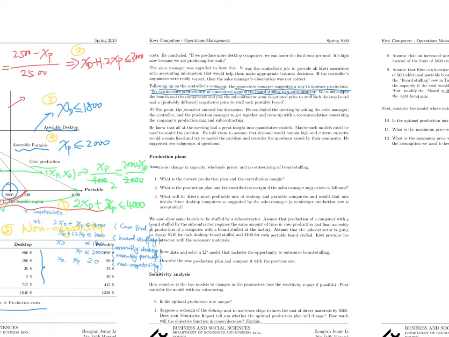We could supply the boards and the components and pay the subcontractor a negotiated price to staff each desktop board and a negotiated price to staff each portable board. That gives the option to the company: they can build a model with outsourcing.